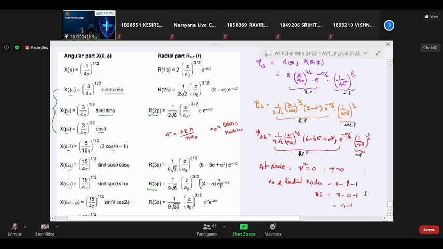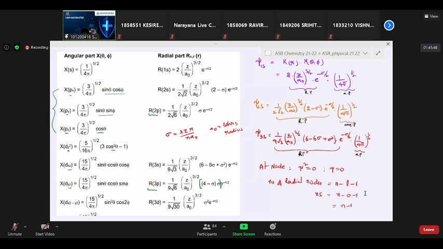Point number 1: all s orbitals are angle independent, independent of theta and pi, and depend only on the radial part.